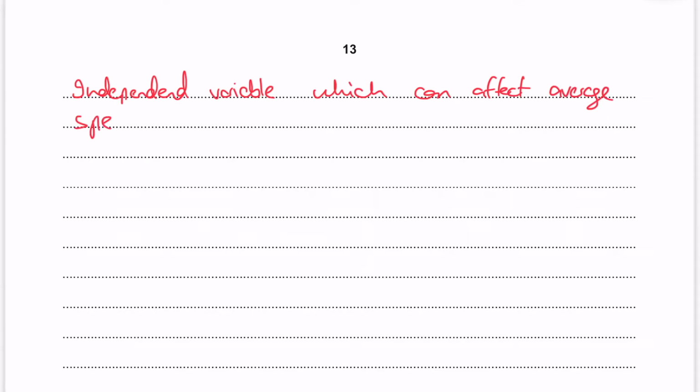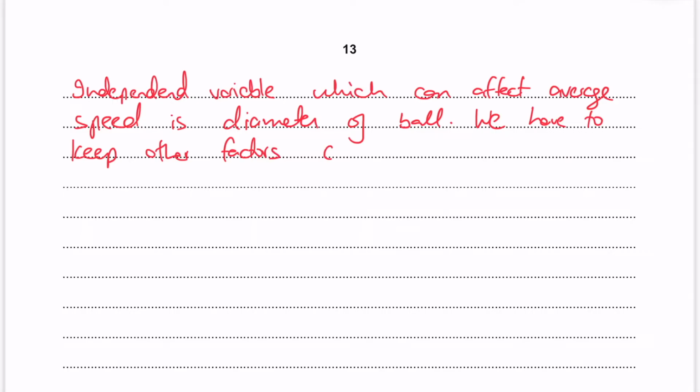So we can start by mentioning the factor which can affect average speed is the diameter of ball. So the dependent variable will be speed, and the independent variable will be the diameter of ball. It's good practice to talk about constants here. We have to keep other factors constant.